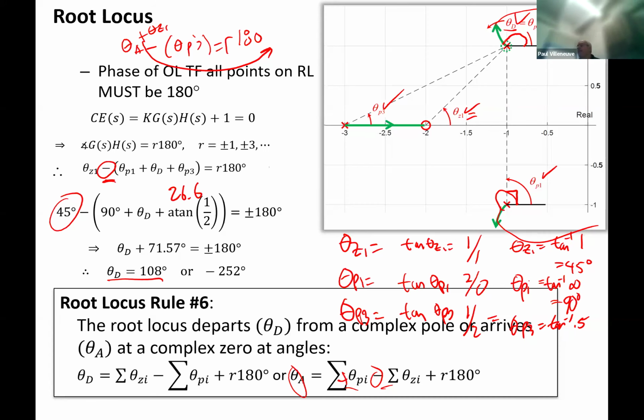Is there a way that you've seen thus far in this class already that might help you find those points? Again, this is just a refinement thing. Is there anything that you've done thus far? Because remember, K is changing. Anything that you've done thus far that will help you find where it crosses the j omega axis?